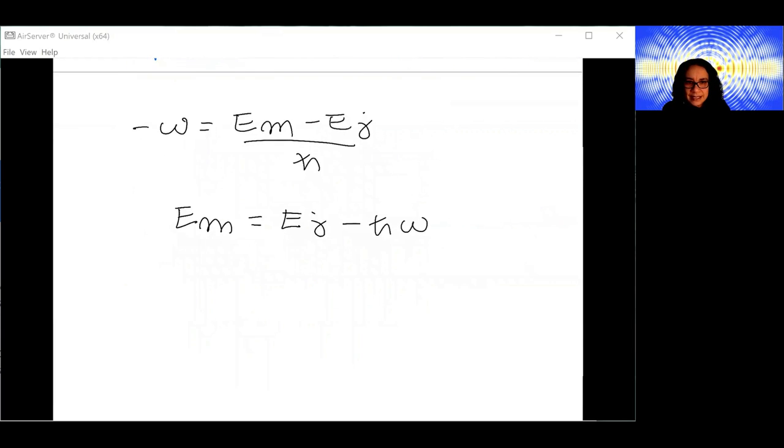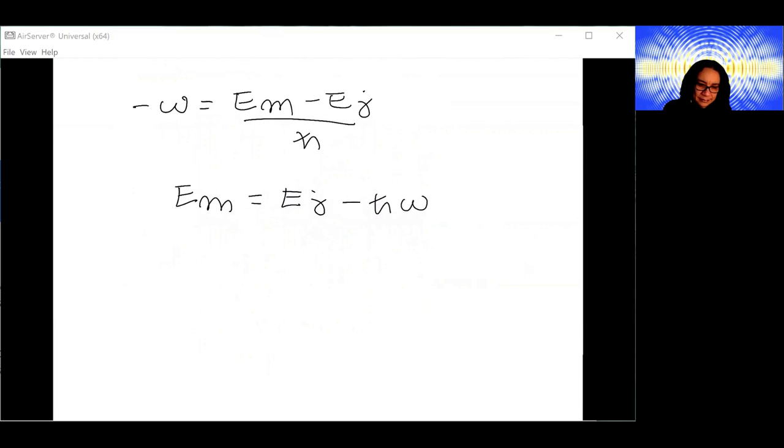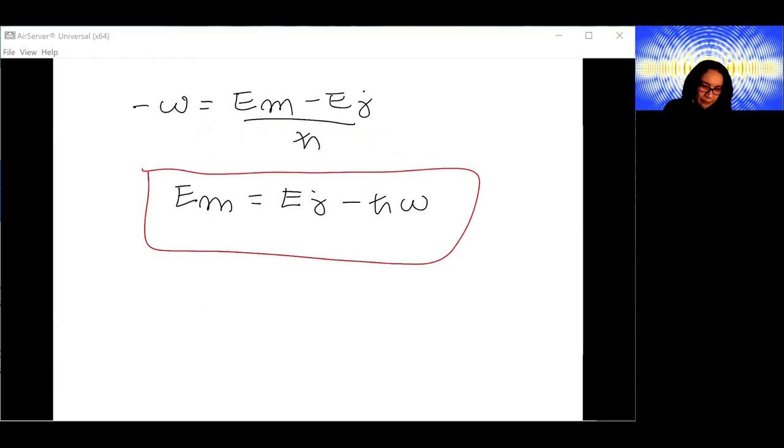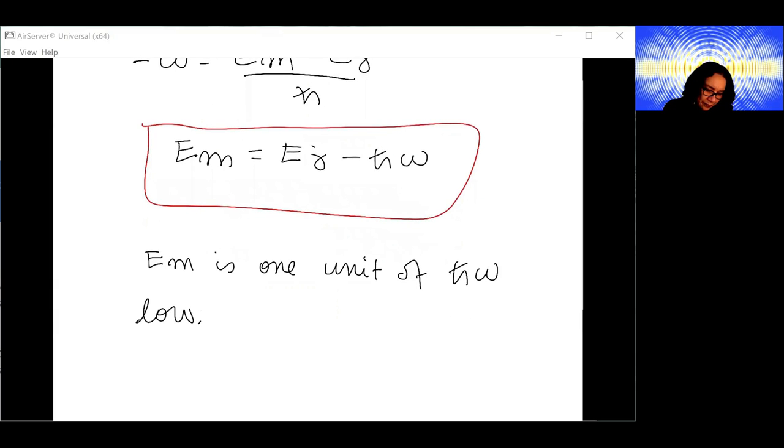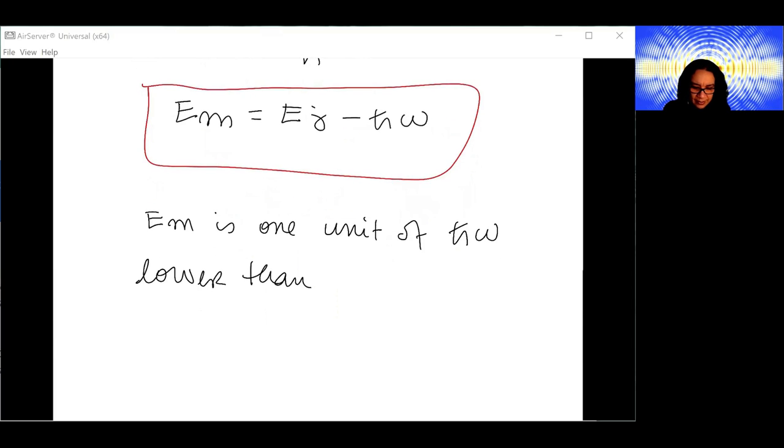So this means that Em is 1 unit of h bar omega lower than Ej. So before you went 1 unit up, now you have to go 1 unit down.